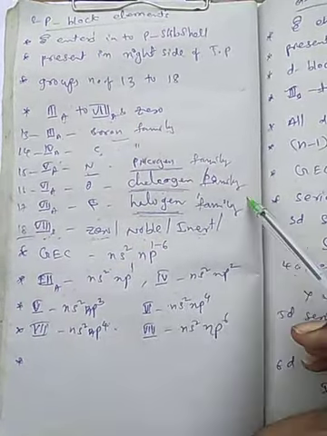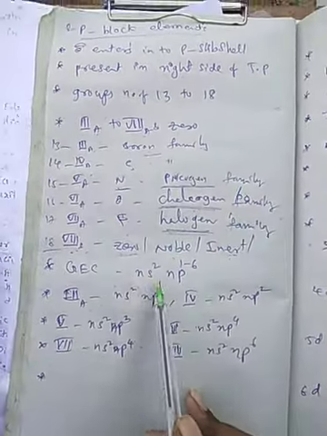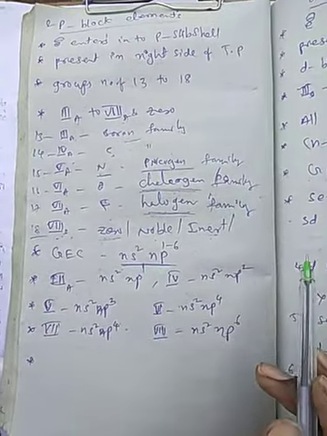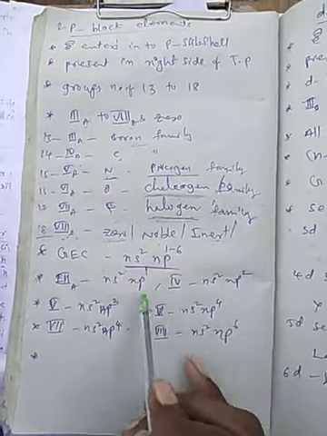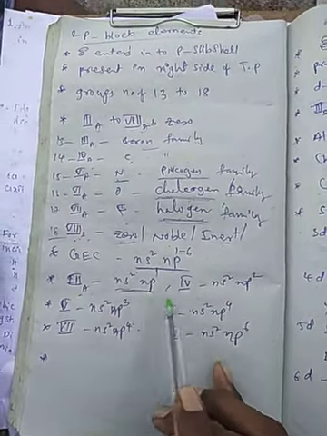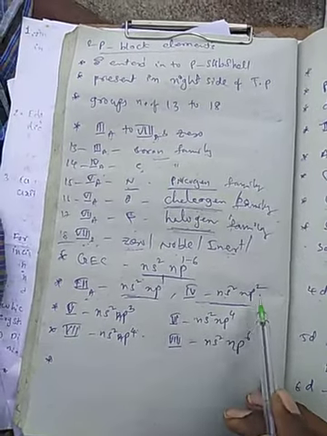Now the general electronic configuration of p block elements is ns2 np6. The general electronic configuration of 3A is ns2 np1, and the 14th group is ns2 np2.